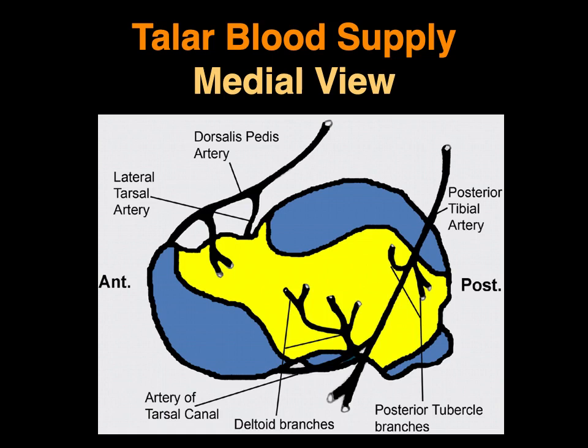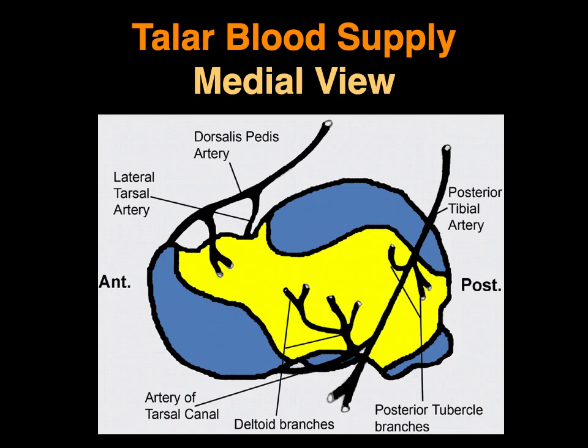The first is the dorsalis pedis artery, and the second is the posterior tibial artery. The dorsalis pedis artery gives rise to the lateral tarsal artery, which wraps around the inferolateral portion of the talar neck, as well as some retinacular vessels that supply the dorsal portion of the talus.